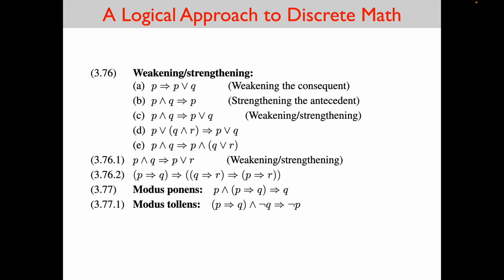So this terminology called weakening and strengthening, the left-hand side of an implication is called the stronger side, and the right-hand side of the implication is called the weaker side.